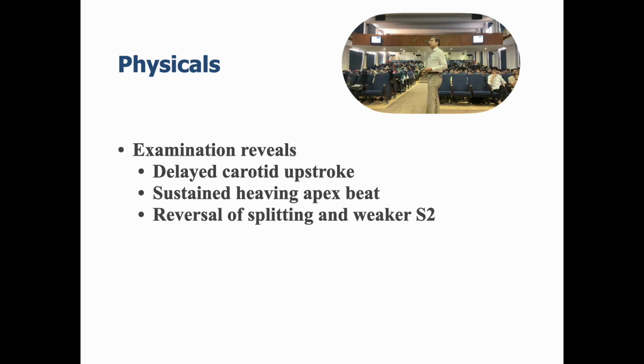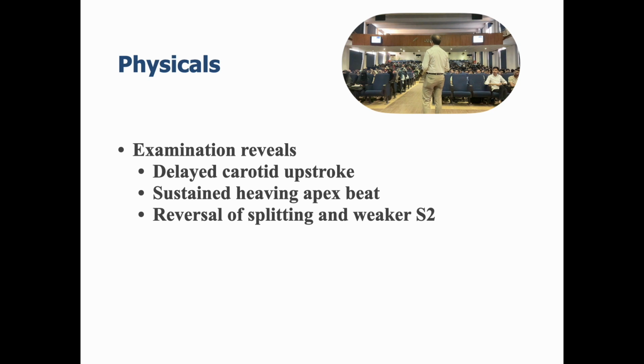Reversal of splitting and weaker S2. Why is splitting reversed and what is reverse splitting? Normally what happens? In the second heart sound, the aortic valve closes first and then the pulmonic valve, because the pressures are high on the left side.